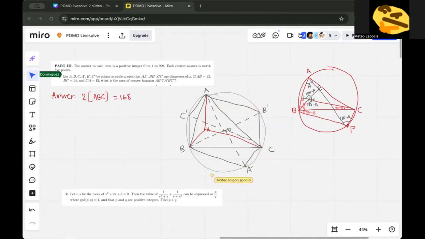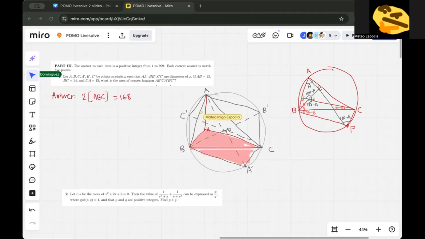Because they're parallelograms, this triangle here is the same as this triangle right here. They're congruent triangles, so they have the same area.